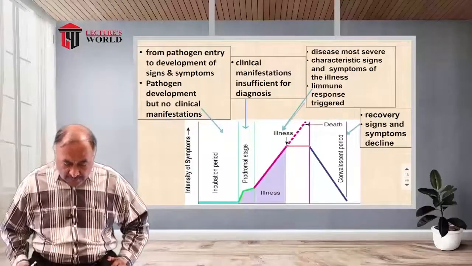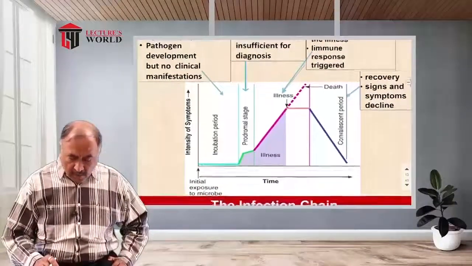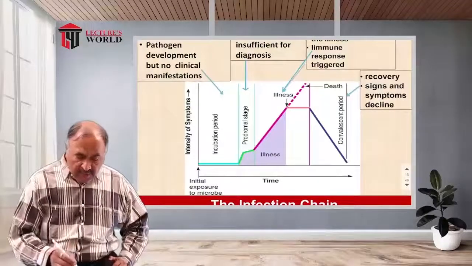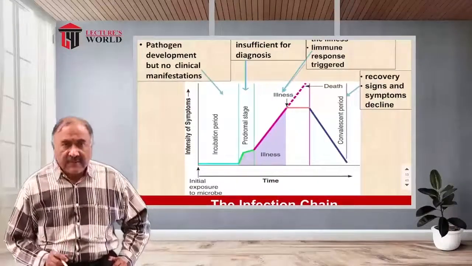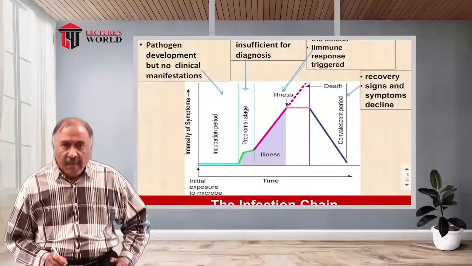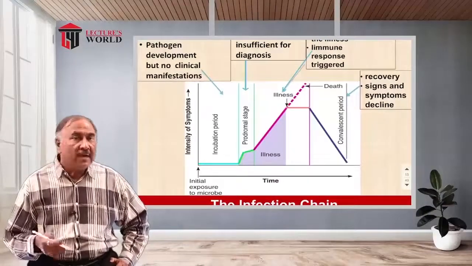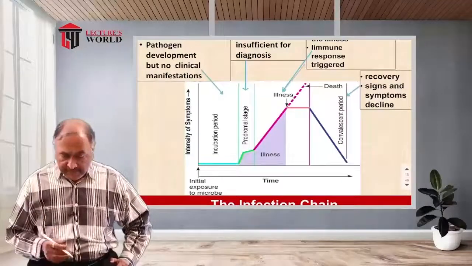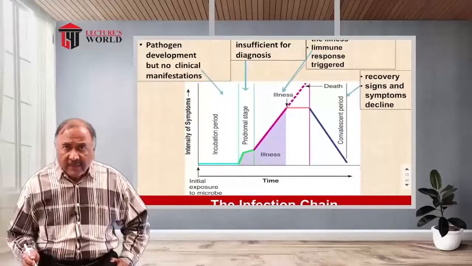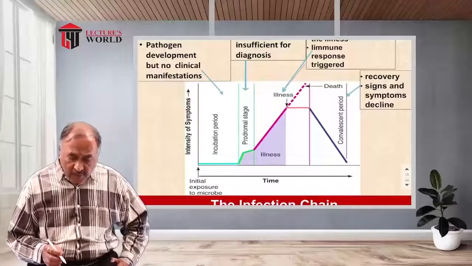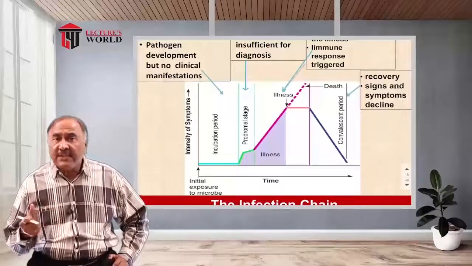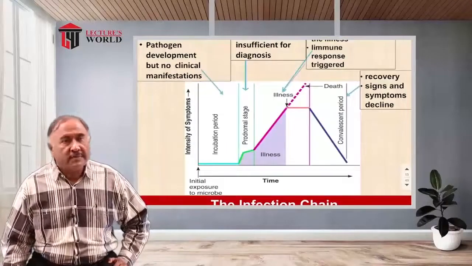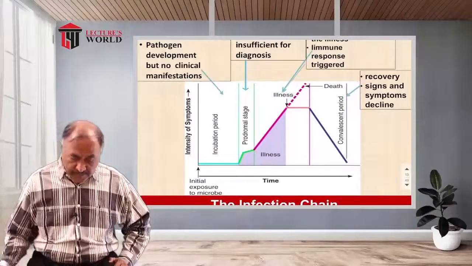In this graph, which is shown here, this is the x-axis and y-axis. The x-axis is a time period, which you can consider either hours or days or weeks. So this is a time period on the x-axis, and on the y-axis what we have is the intensity of symptoms, how powerful these symptoms are observed.